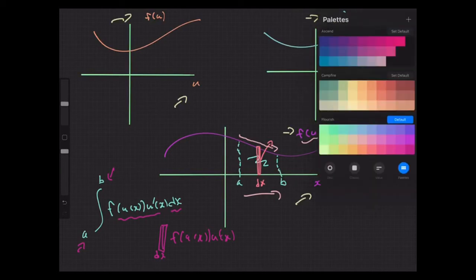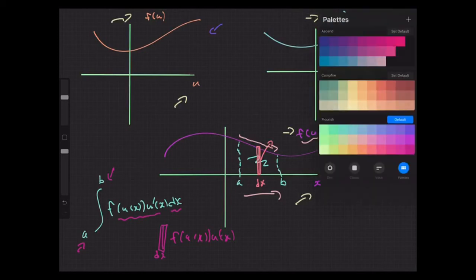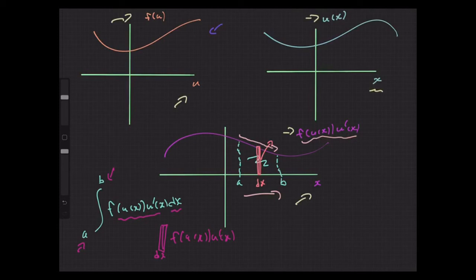So that's what's going on down here. What's going on up here? Well, we've done this substitution. I'll write the substitution down in the corner here, and then move back up. I know that u prime of x is equal to du by dx, where I'm thinking of this as an infinitesimal change in u divided by the infinitesimal change in x that caused it.